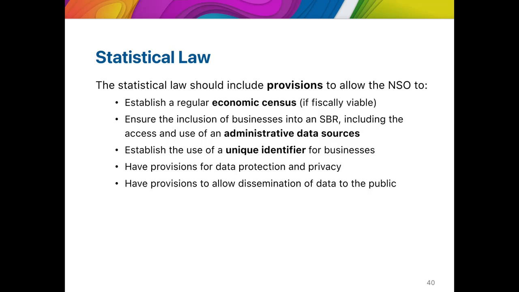By including these provisions in the statistical law, the NSO can build a robust, legally supported SBR that supports economic analysis, policymaking, and national development goals while ensuring privacy and public trust.